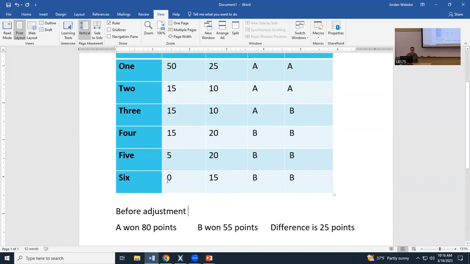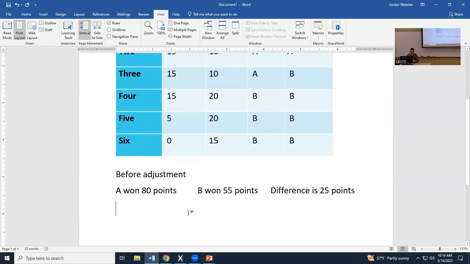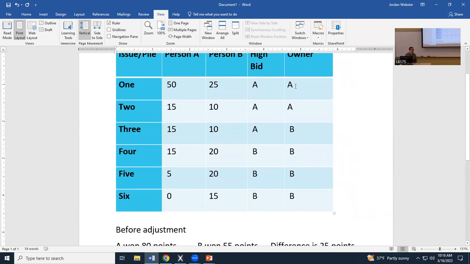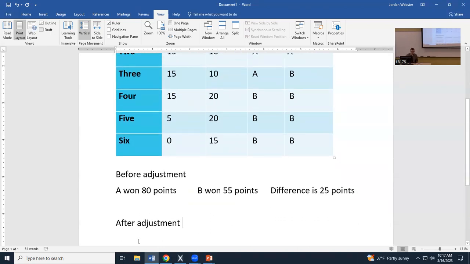So before the adjustment, A had 80, B had 55. Now, after the adjustment, notice how many A has. A won these first two items. A thought item number 1 was worth 50, item number 2 is worth 15. So A walks away with 65 of their spent points out of 100.